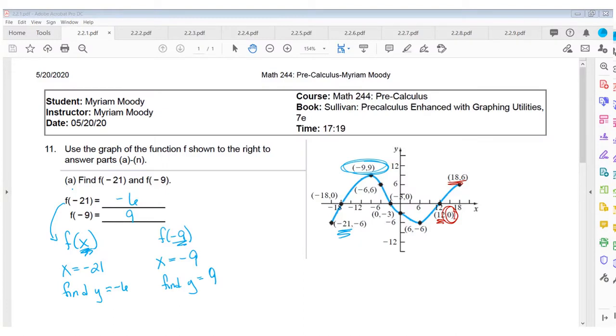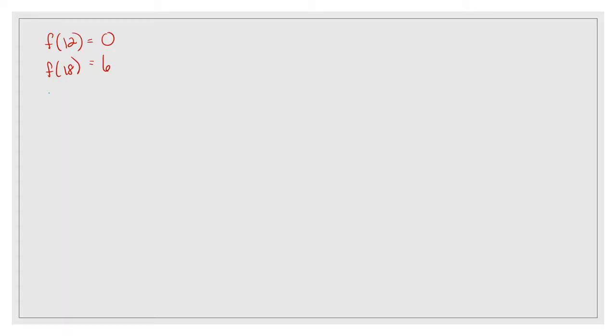I would like us to find f of x being equal to 6. So now, the question is this. What did they give me and what am I trying to find?